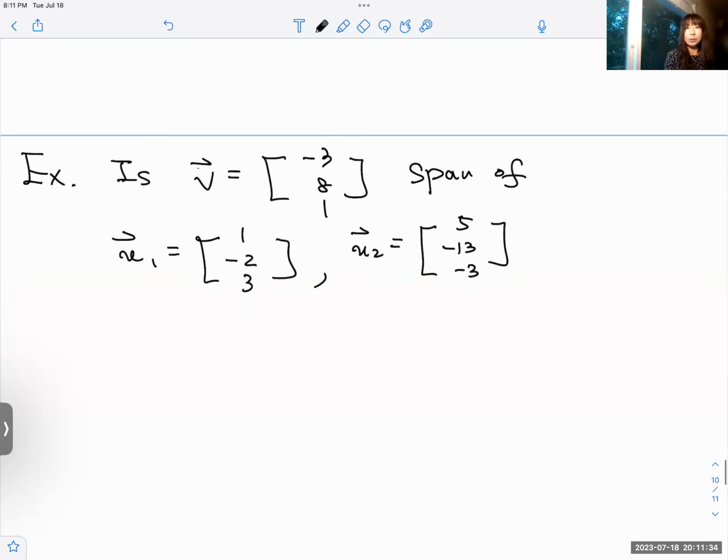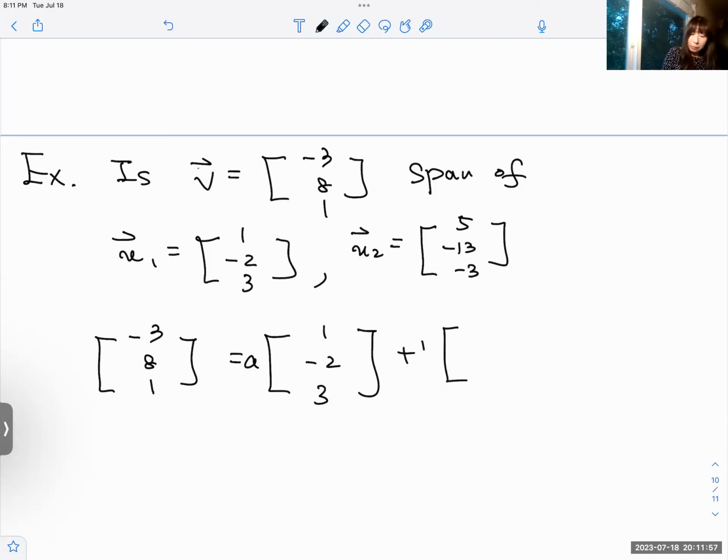Okay, how do you do it? Same, right? So we have -3, 8, 1 equal to a times 1, -2, 3, plus b times 5, -13, -3.